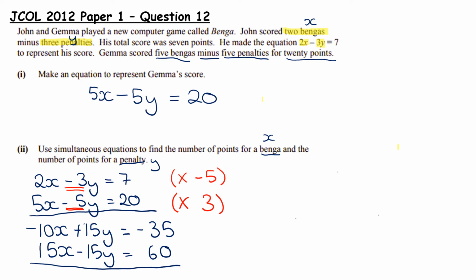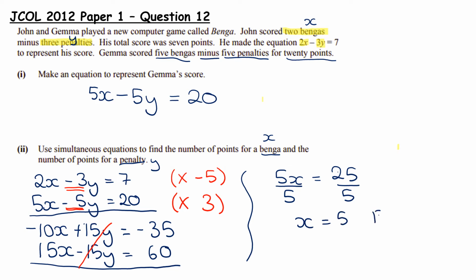Now we add each of these, but the y's will eliminate. So I'm going to finish it up here. We have 15x minus 10x, which is 5x, and that equals 60 take away 35, which is 25. We then divide both sides by 5 and we get x equals 5.